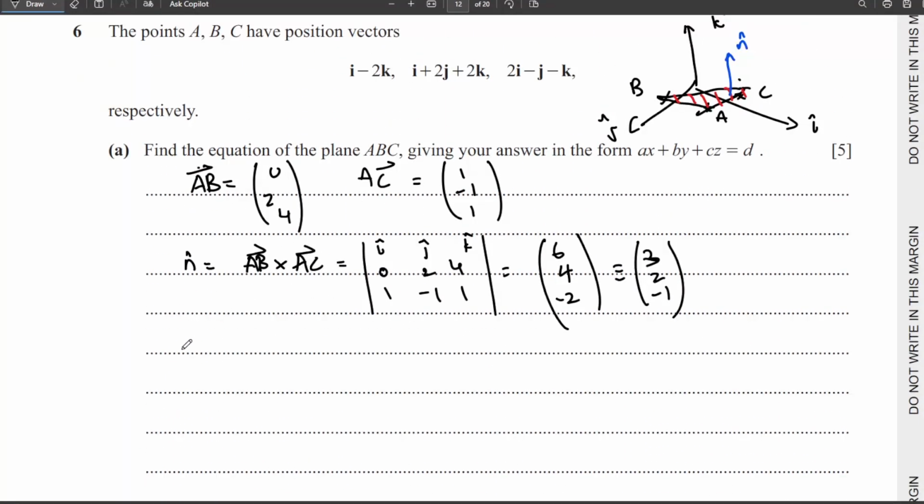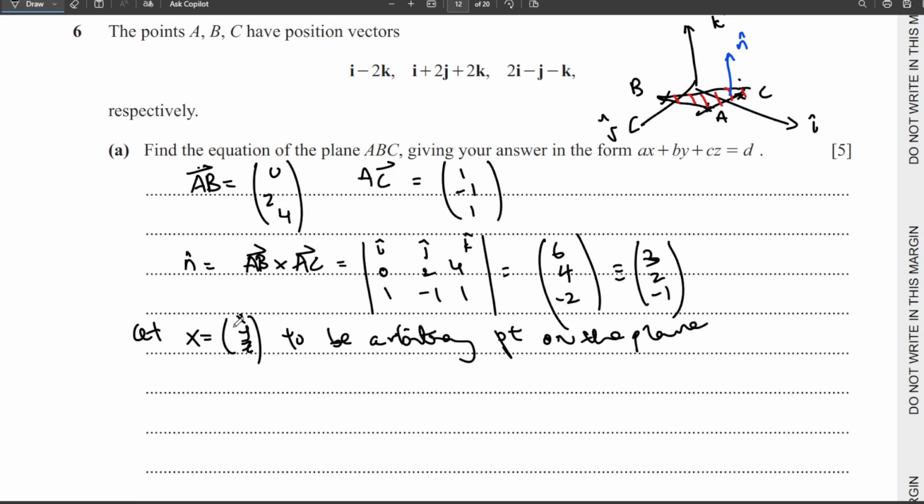Now we let x equal (x, y, z) be an arbitrary point on the plane. So AX will be (x minus 1, y, z plus 2).